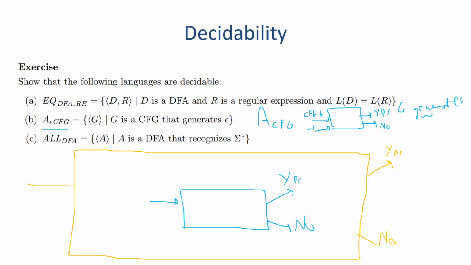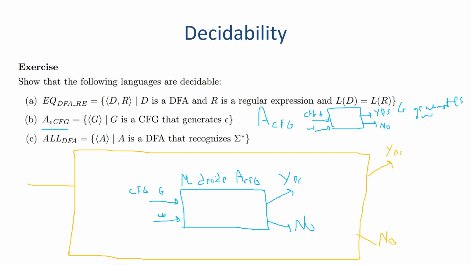Otherwise, it'll say no. So this is given to you, and we'll just write it right here. Say M decides A_CFG. The reason I write it like this is because A_CFG is not the actual machine, it's just the language, and M is just some machine that decides it. And what does M take? Well, a CFG G and some string W.